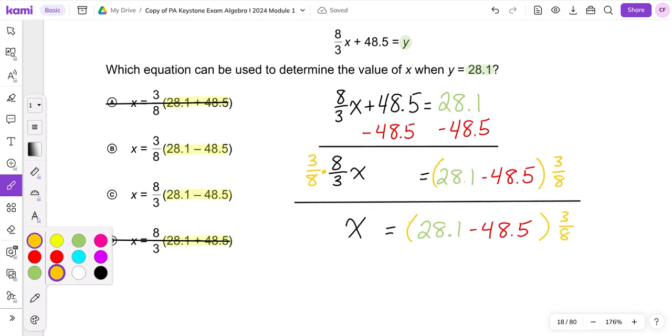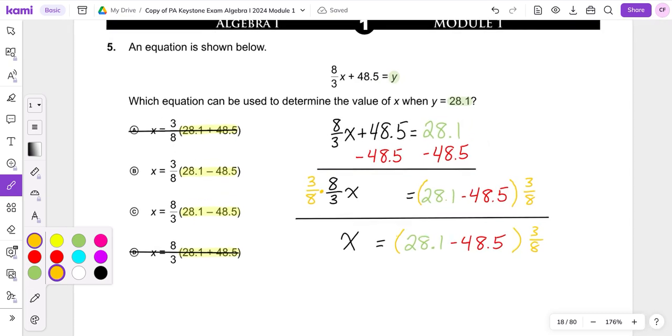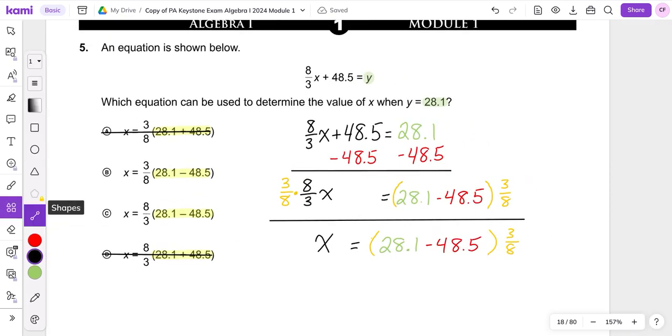And we know that order of multiplication does not matter, so which one does this best align with in our multiple choice options? And we would select this one right here, option B.